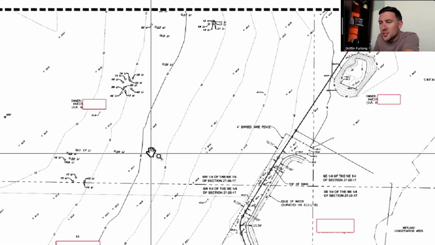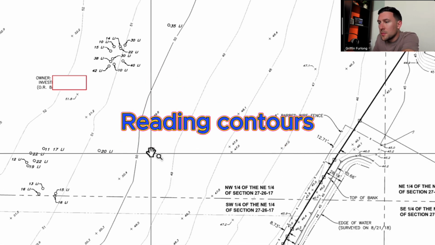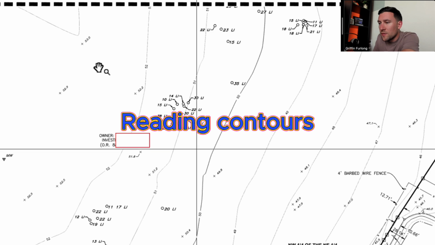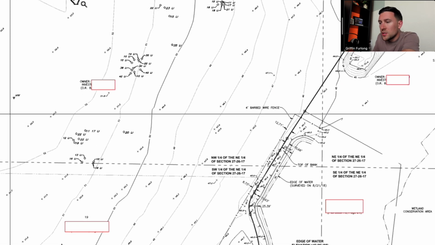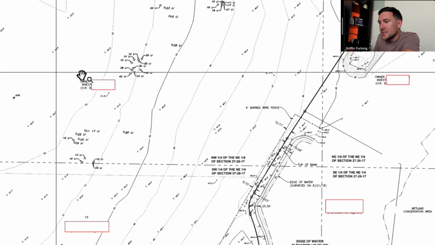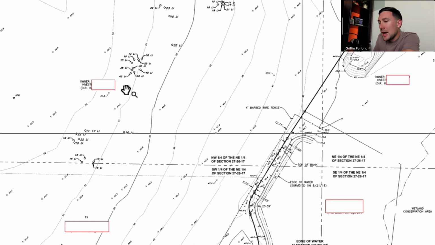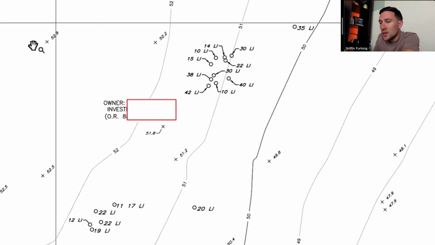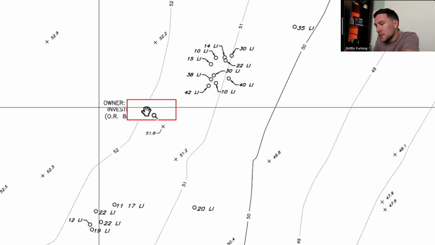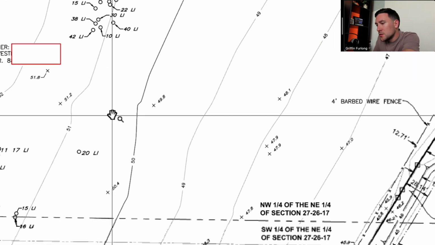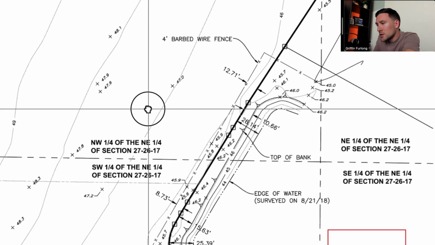So let's actually study some of these contours, that way we don't skip over it. One thing I'm noticing right off the bat is we have a really big ridge right here. The reason I know this is a ridge is because I see these elevations falling down here. And what I mean by down is, look at our elevations. We're at elevation 52.9, 52.5, but then we go from 52, 51, 50, 49, 47.